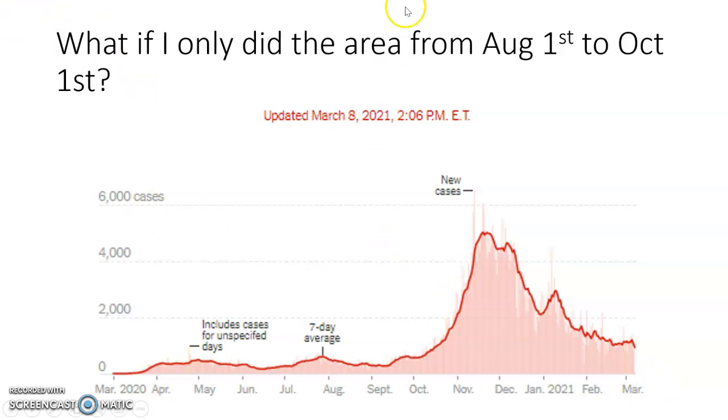Next question, same graph. If I only did the area from August 1st to October 1st, what would that be representative of? It would just represent the number of cases between those 2 days, between August 1st and October 1st.